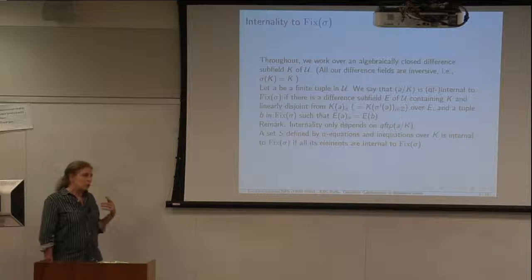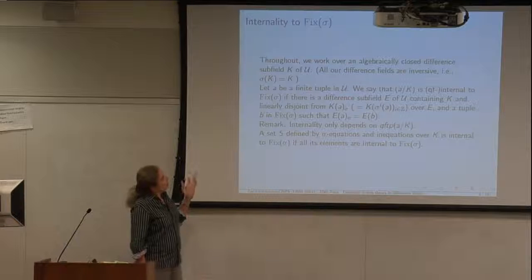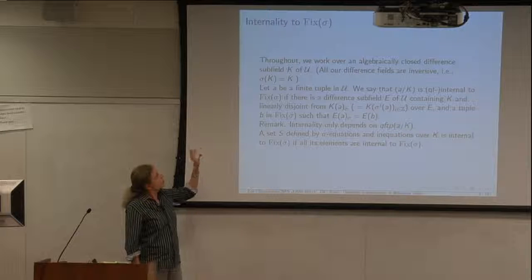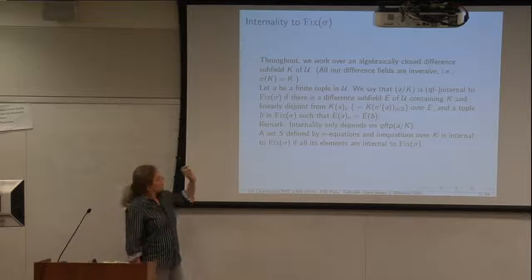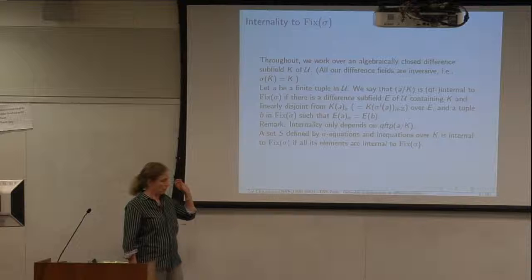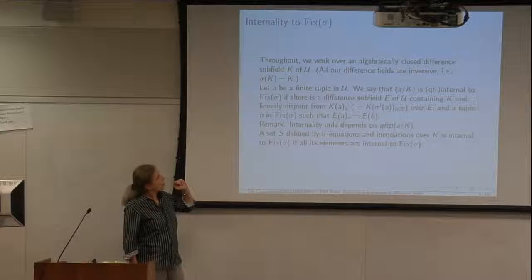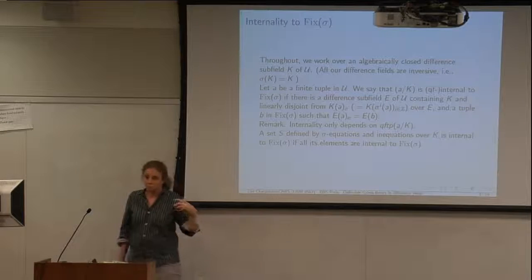So another way of saying it is that if you look at X, the set of difference equations over K which are satisfied by A, then there is a birational difference map between this set X and the fixed sigma points of some variety Y defined over fixed sigma.